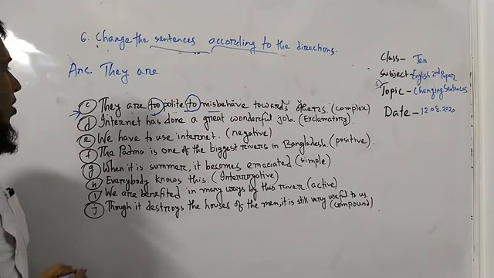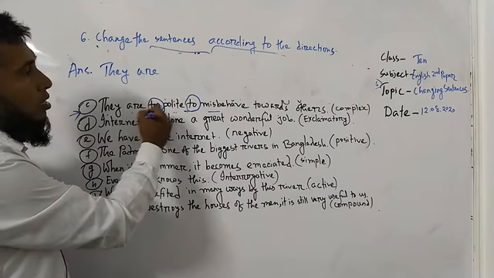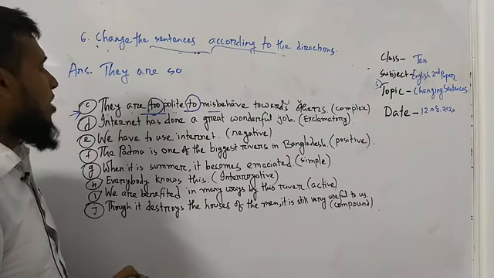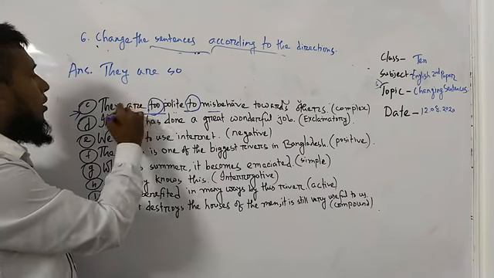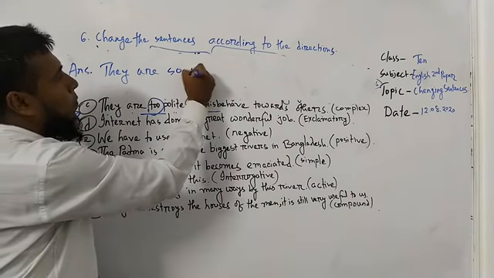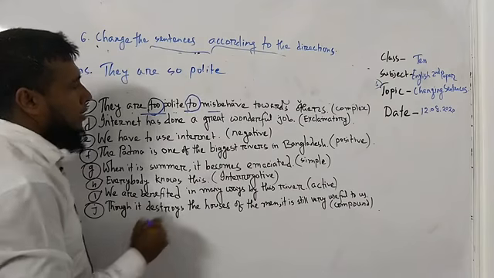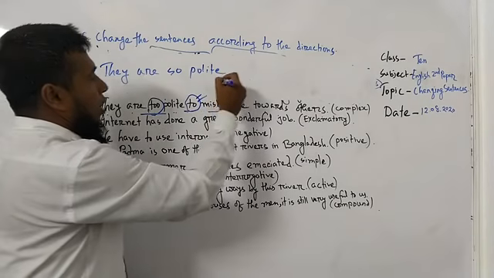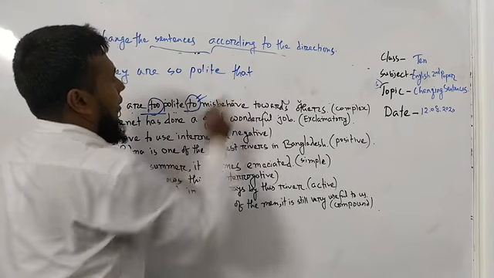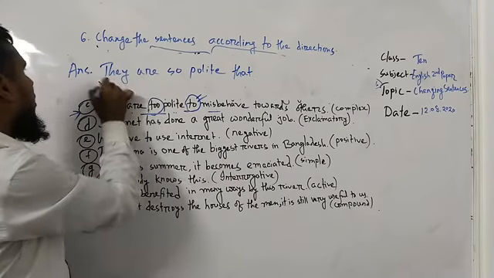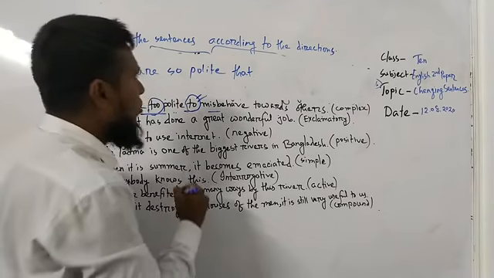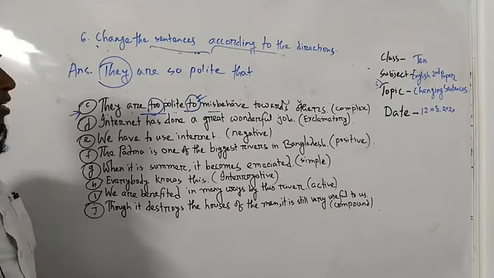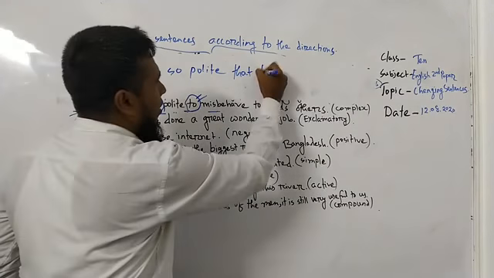From rule we have learnt that in simple sentence we see to, and then we have to use that in complex sentence. So in the place of to, it will be they are so polite, and then instead of to here we have to use that, and then we have to take the subject again, and you know that in complex sentence there will be two subjects, and for that reason we have to use again here they.